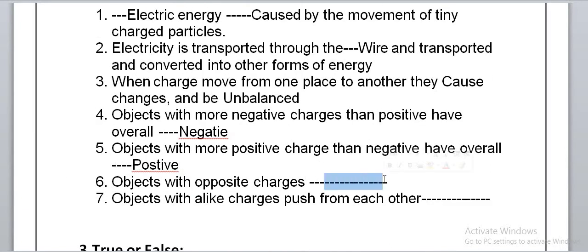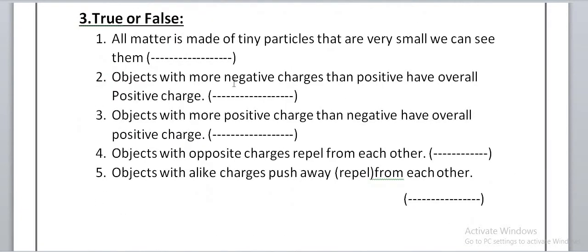Objects with opposite charges will attract, while objects with alike or the same charges will repel. True or false? All matter is made up of tiny small particles that we can see. False, because we cannot see them.